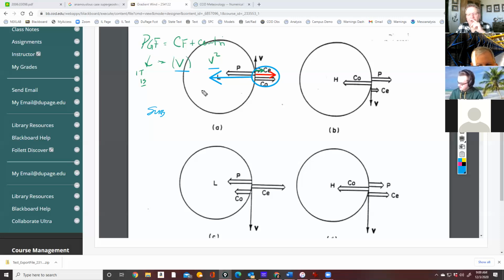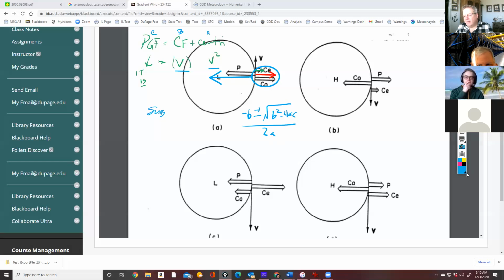The subgeostrophic case. However, when I look at the equations of motion and solve, remember this is the C term, this is the B term, that's the A term, because this is the binomial, this is the linear, and that one is not dependent on velocity. When I do the equation, it's minus B plus or minus the square root of B squared minus 4AC, all over 2A.